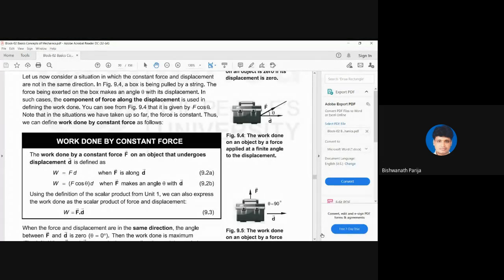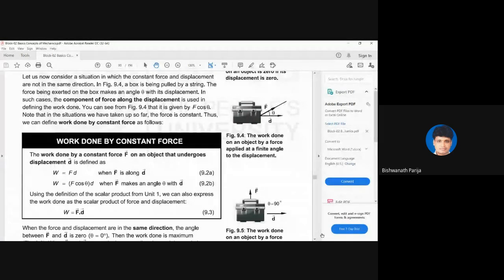This is work done by a constant force. Work done by a constant force F on an object that undergoes displacement d is defined as Fd if the applied force is along the direction of displacement.